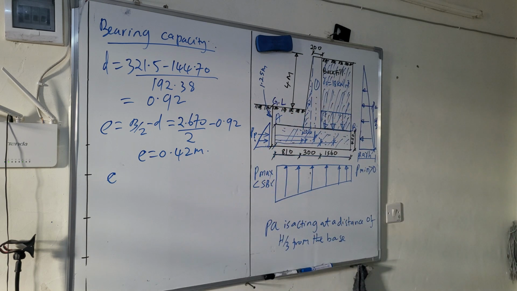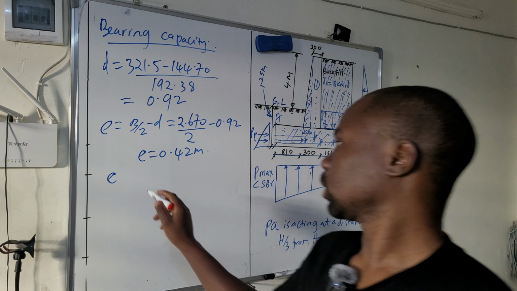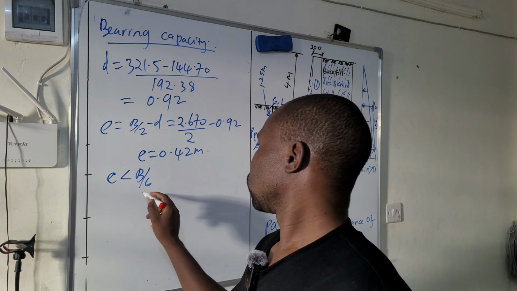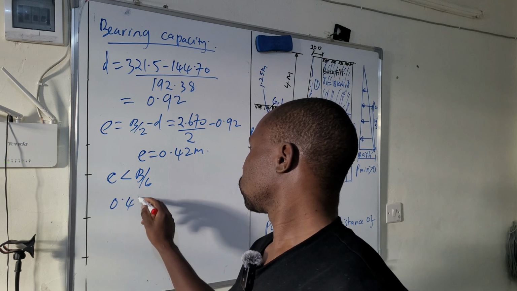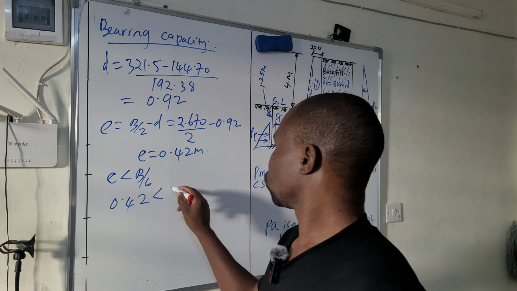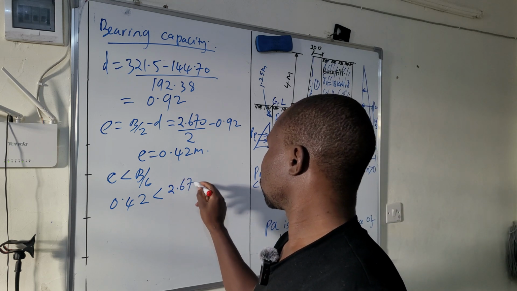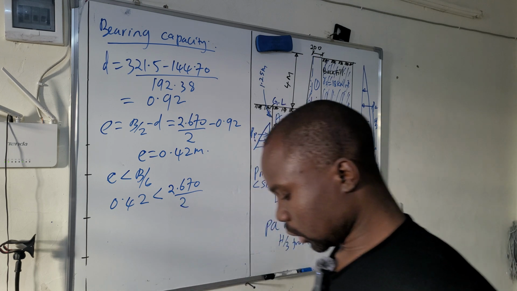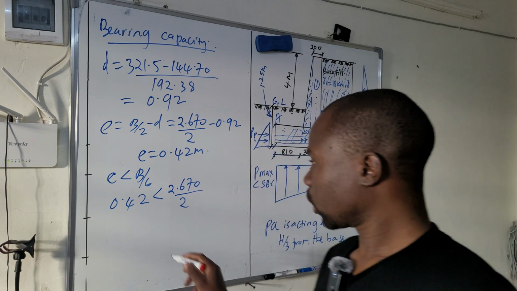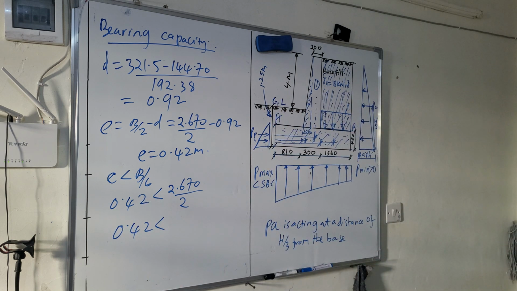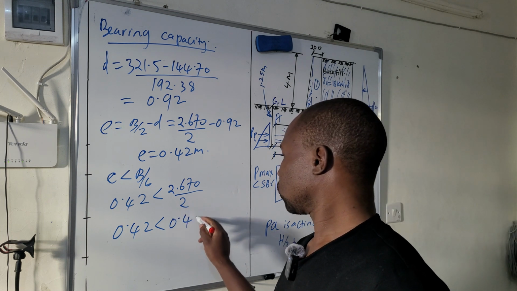And then E should be less than B over 6. So let's check. 0.42 should be less than 2.670 over 6, which is equal to 0.45. 0.42 is less than 0.45.